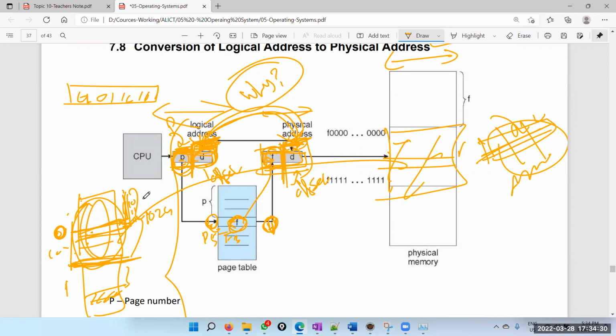Say 32 pages but 16 frames: your page number needs more bits and the frame number needs fewer. So the logical address is always bigger and the physical address smaller, but the offset part has the same number of bits. Only the page number is bigger and the frame number is relatively smaller, because we have a relatively smaller number of frames.